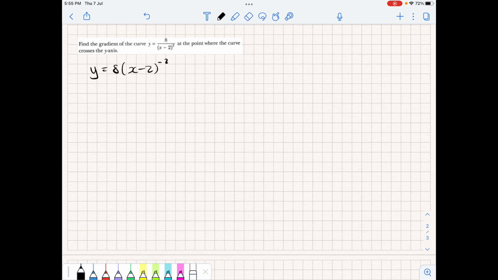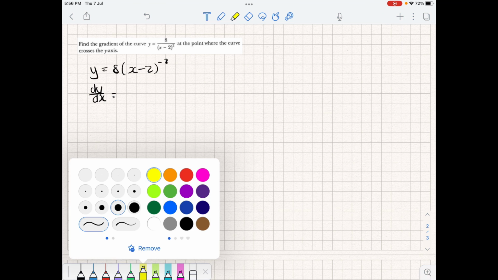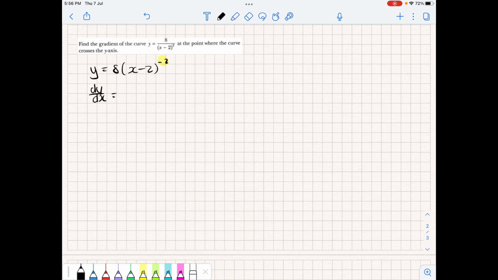And now we're going to find the gradient function, so dy on dx. Okay, so we can either use substitution or we can just use intuition. So I'm going to use intuition. So I'm going to take the derivative of the outside. So the derivative of the outside is going to be multiply by the power, which is minus 2. So minus 2 times 8 is minus 16. And then I'm going to reduce the power by 1.